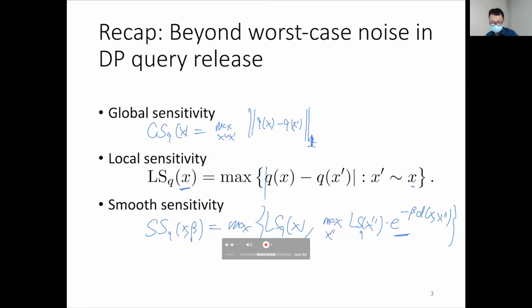And when the local sensitivity is spiky and changes drastically across individual data points, then adding noise proportional to smooth sensitivity will add slightly larger noise than that of the local sensitivity, but it addresses the issue that makes this idea infeasible.